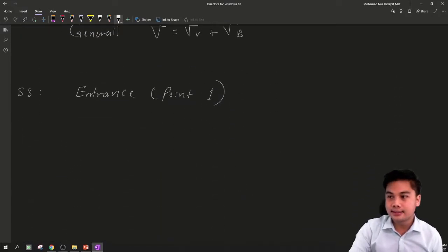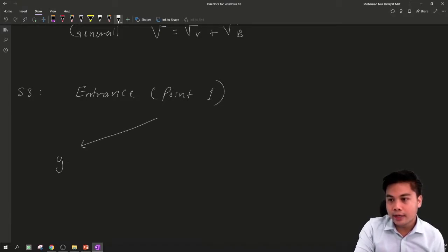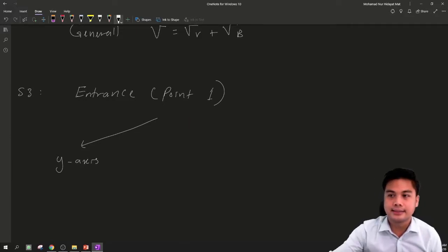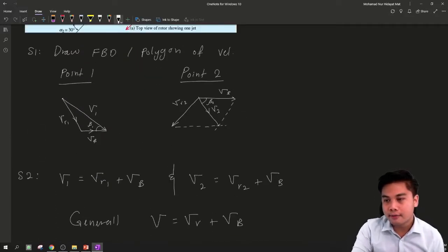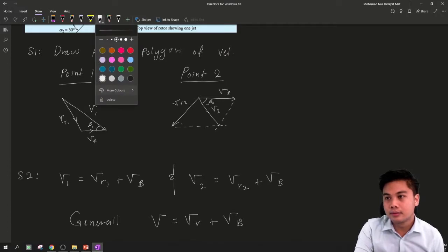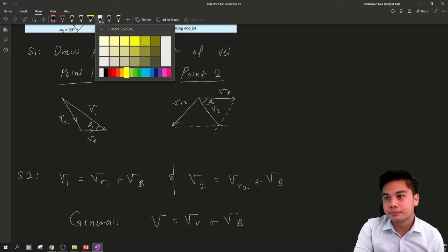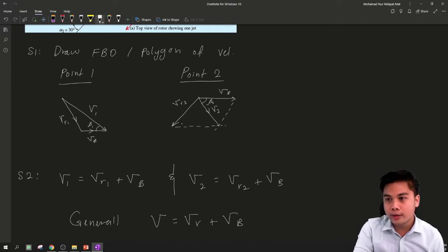At the entrance, we try to separate this into the Y axis and the X axis. To get V1Y, let's draw this.